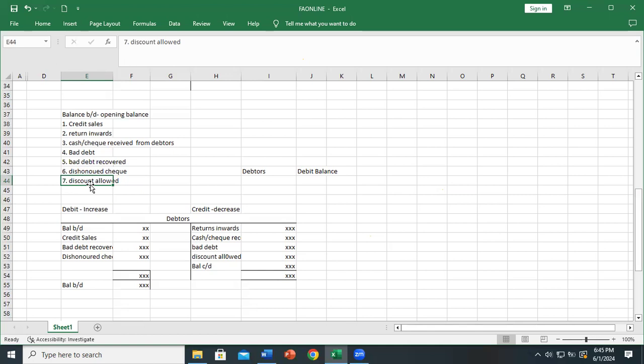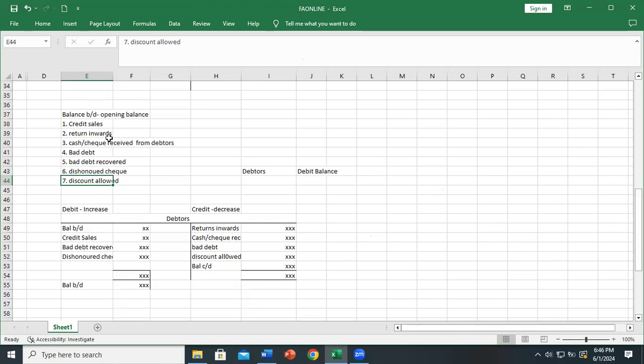So if you get the insight of all that I'm saying, that these items either increase or decrease the balance, then if you are preparing the debtors account, all the items that increase the balance should be debited. And all the items that decrease the debtors balance are credited.